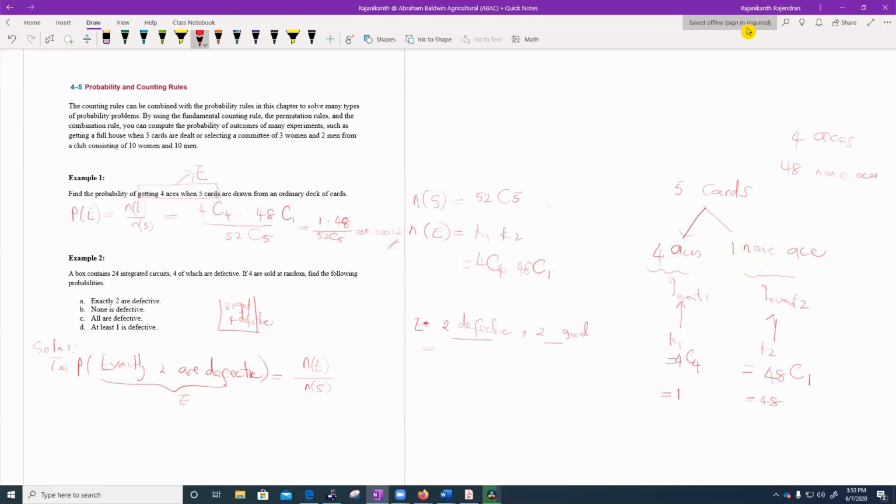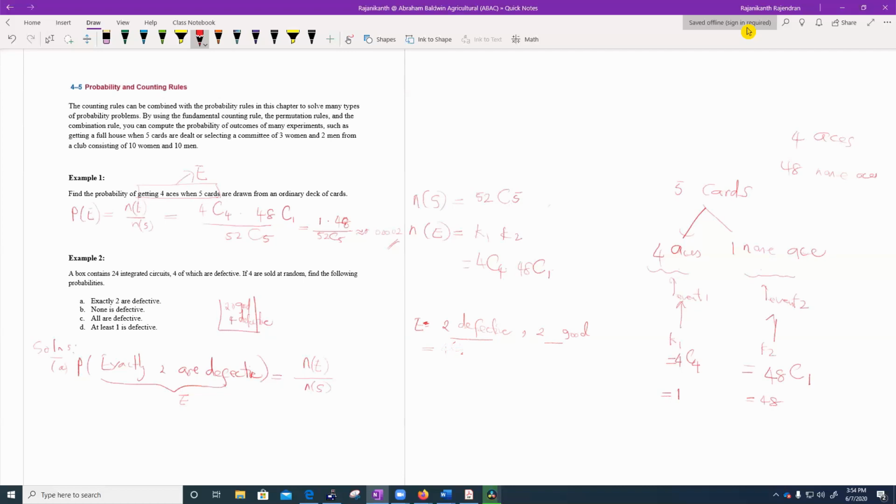How many ways could you choose 2 defective out of 4 defective? This could be done in 4C2 ways. There are 4 defective and you are choosing 2 at a time. Remember, order is not important. You are just looking for different combinations.